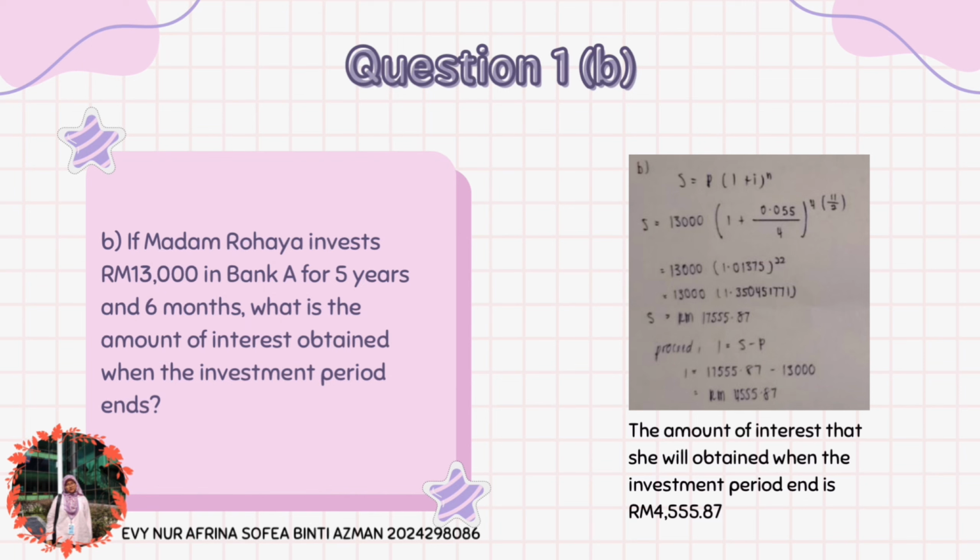After we calculate the amount, we will get 30,000(1.01375)^22.